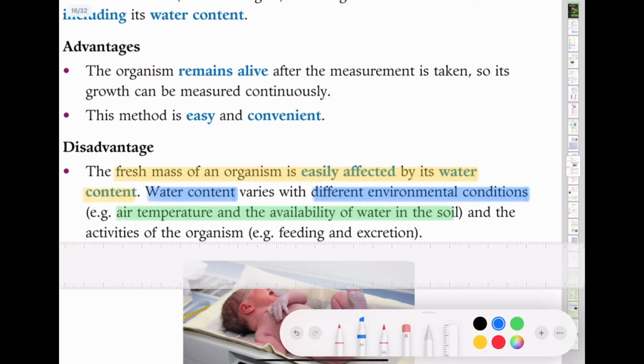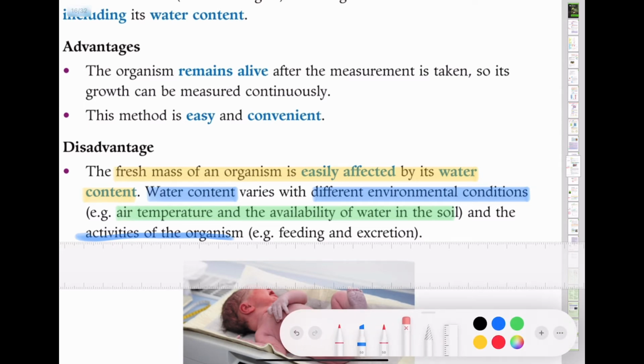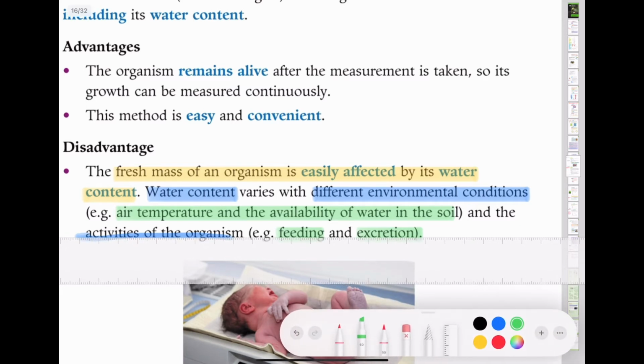For example, for human beings, if we drink a lot, or we excrete or urinate a lot, we also suffer from a high water loss. So for this concept, feeding and drinking, we can gain water. Excretion and urination, we lose water.